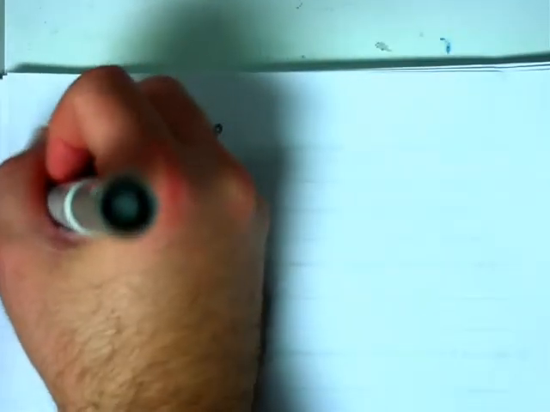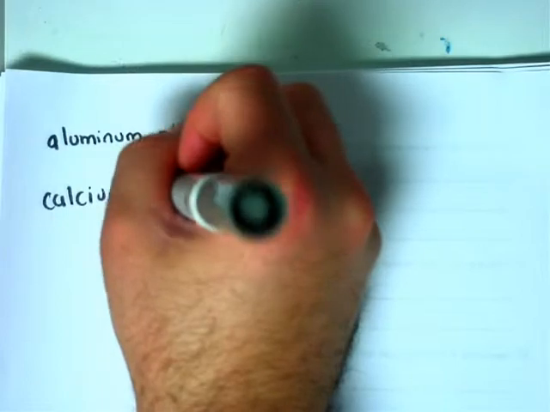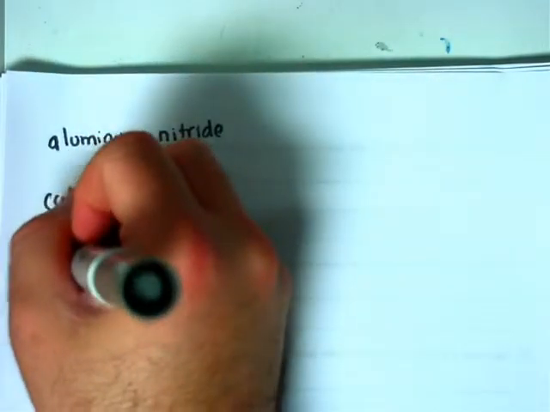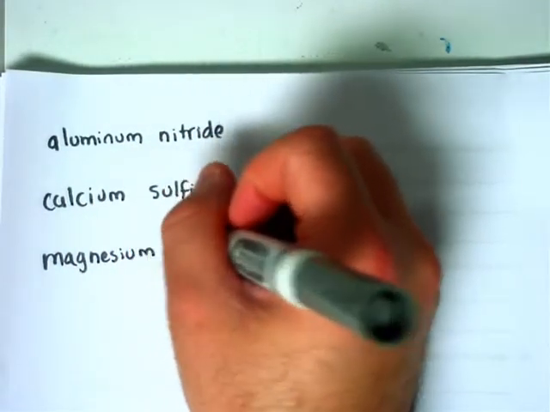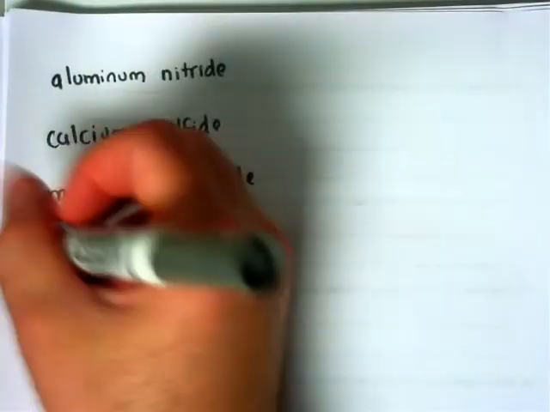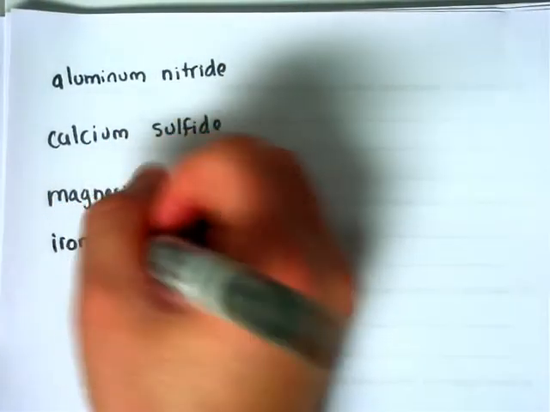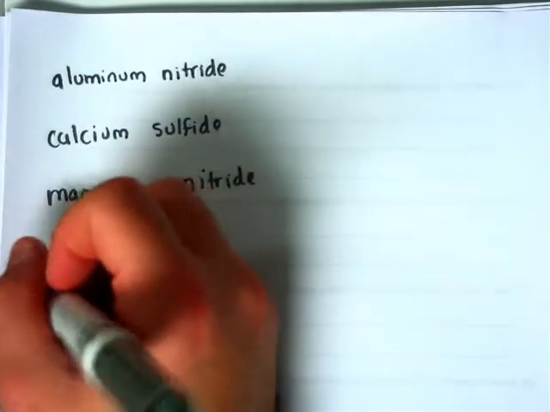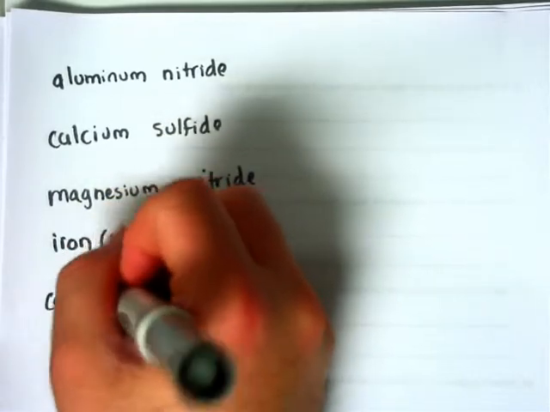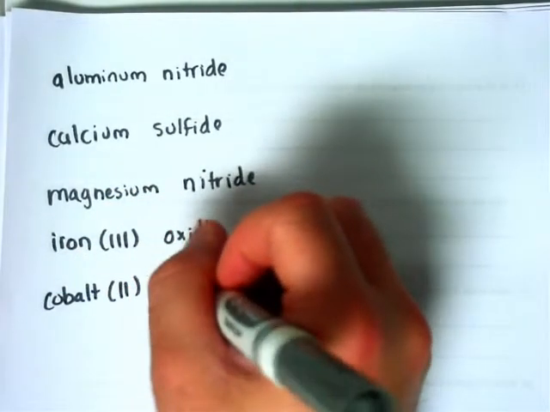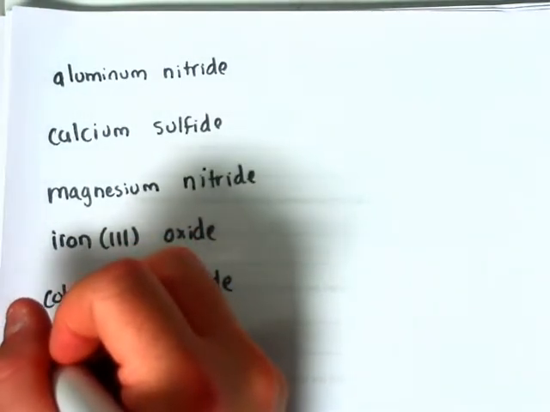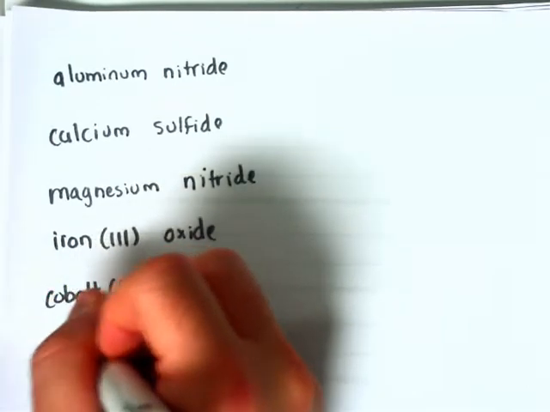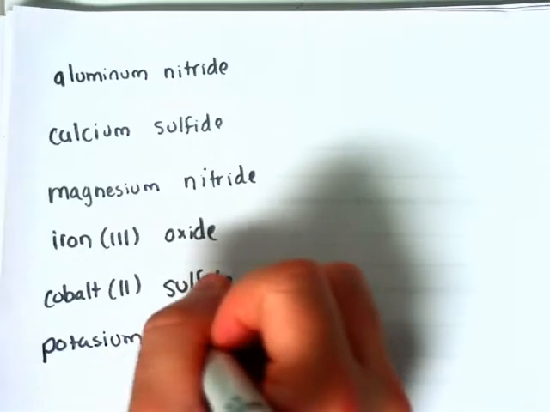Aluminum nitride, calcium sulfide, magnesium nitride, iron 3 oxide, cobalt 2 sulfide, let's see, potassium nitride.